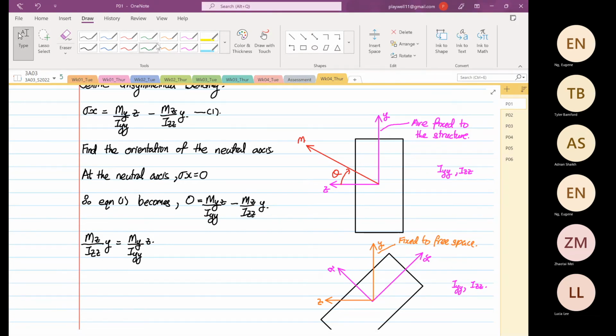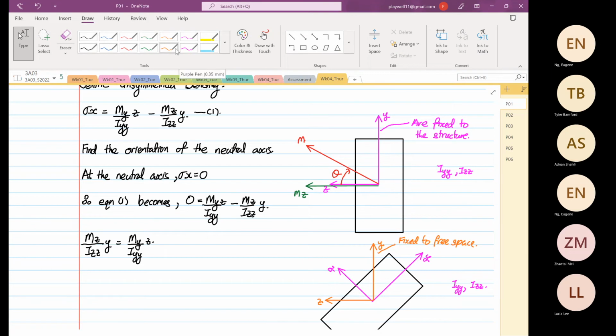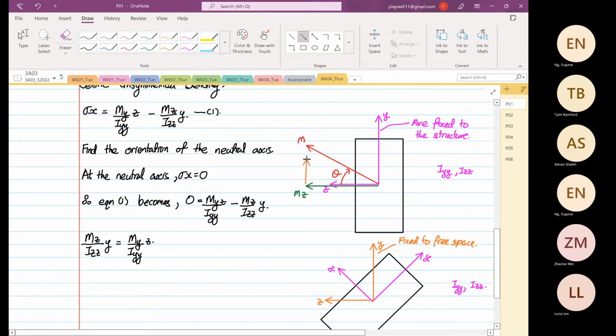So M will have two components. One, moment about the z-axis, so we have one moment over here. So we know that this is our moment about z-axis. And then we have another one. This will be moment about y.